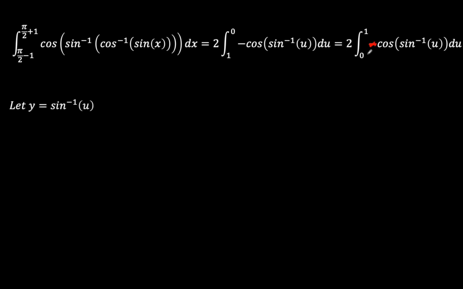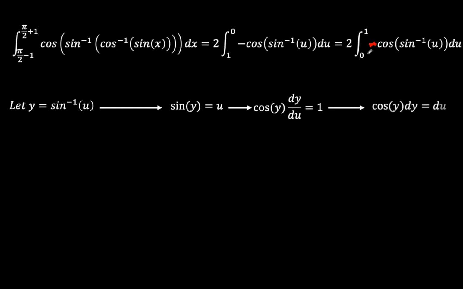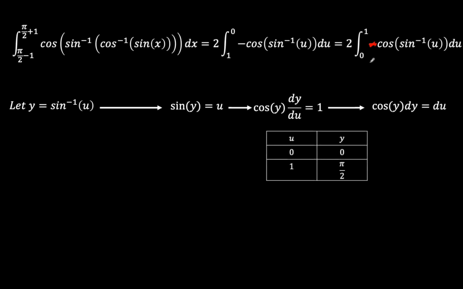So the next step is by letting y equal arc sine u, such that sine y is equal to u, and so cosine y is equal to du/dy. Cosine y dy/du is equal to 1, and so cosine y dy is equal to du. And then the limits: arc sine of u at 0 is 0, and arc sine of 1 is equal to pi over 2.